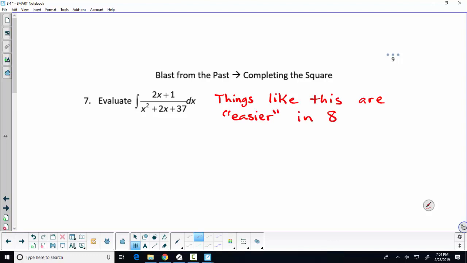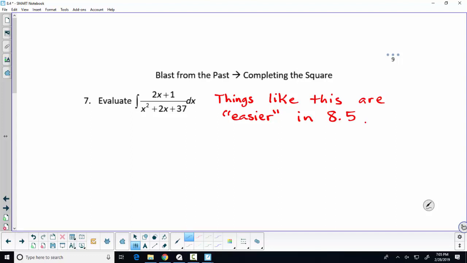In the next section, the next section is really a technique that you would see in a college algebra class.